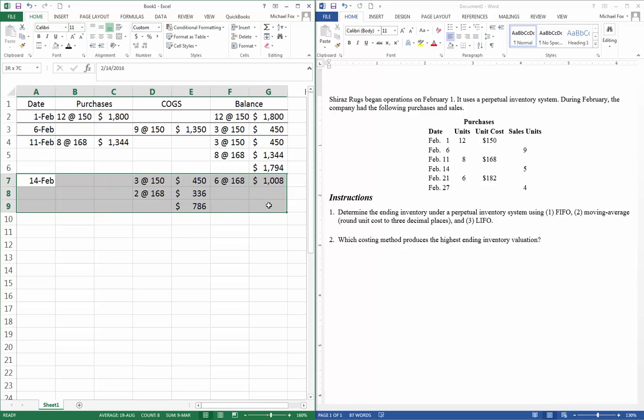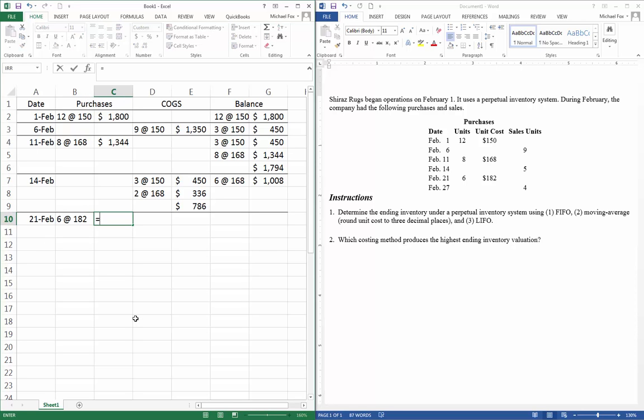There's as of February 14th. February 21st, we had a purchase, 6 units that we paid $182 for, or $1,092.